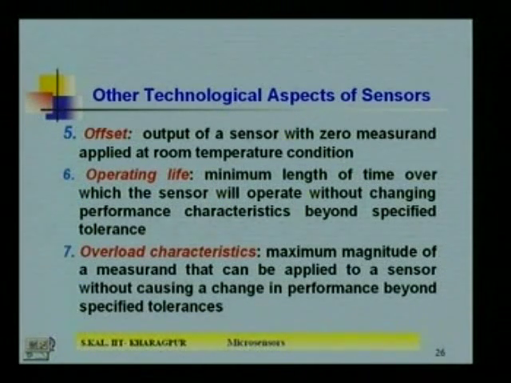So overloaded means, for example, say an acoustic sensor is measuring the noise level, the sound level. So the sensor can measure a maximum of say 100 dB sound amplitude or whatever it is. Now if the sound level is so loud, say 200 dB, it is overloaded, so the output is unreliable.